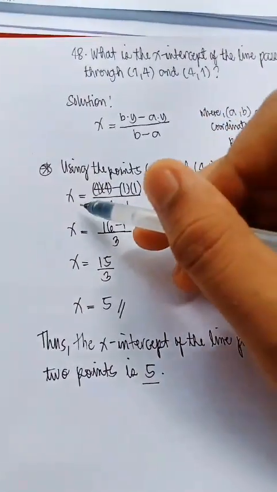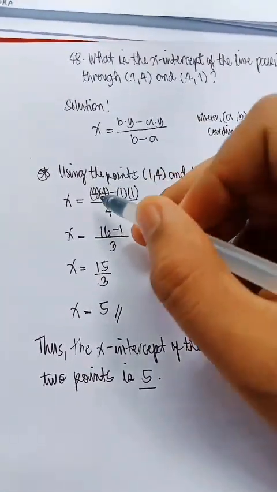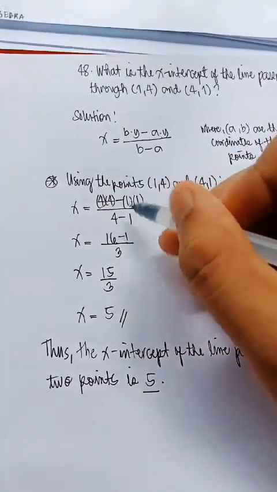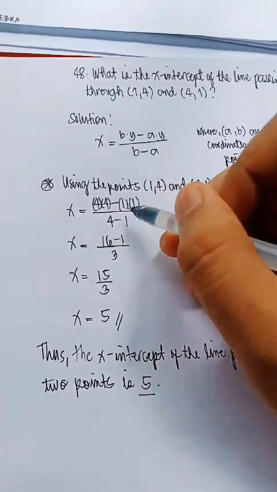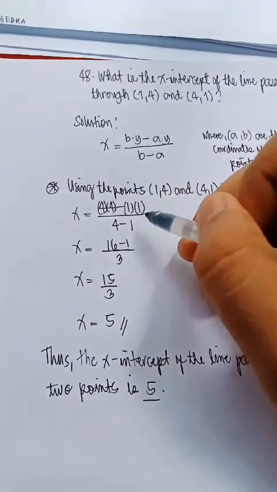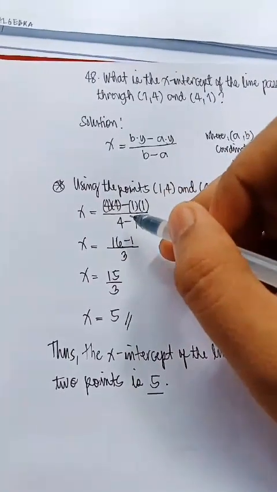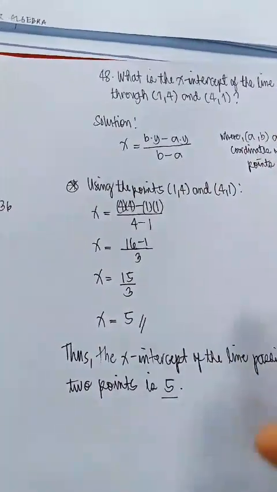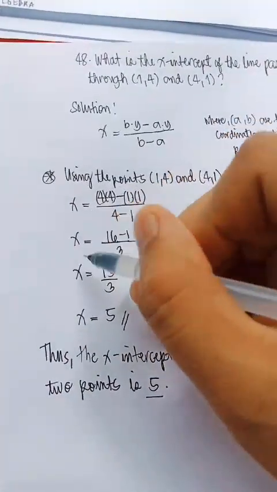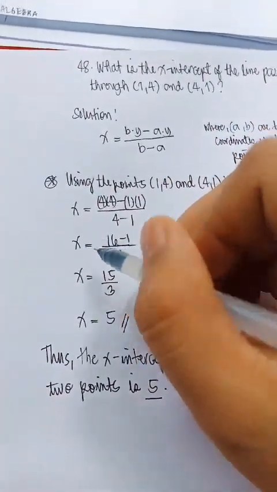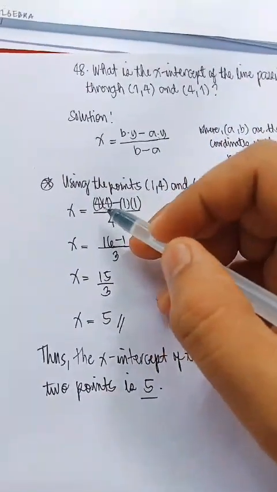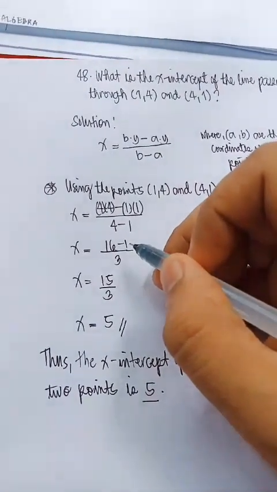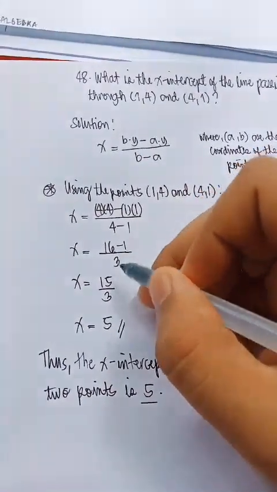x is equal to, our value of b is 4 times our value of y is 4 minus our value of a is 1 and our value of y is 1 over the value of b, which is 4 minus 1. Next, x is equal to 4 times 4 is 16, 1 times 1 is 1, and 4 minus 1 is 3.